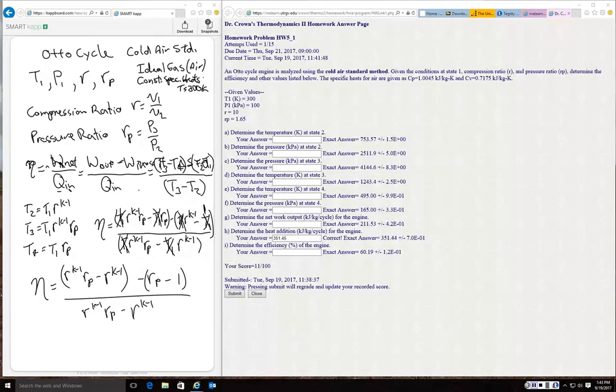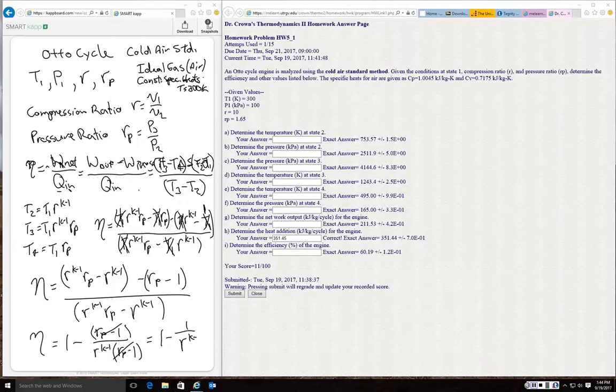And we notice that the first term in the numerator is the same as the denominator, so we can write that as 1 minus RP minus 1 over, and if we factor out r to the k minus 1, we're left with RP minus 1. And then we note that RP minus 1 cancels, and we get 1 minus 1 over r to the k minus 1 as the efficiency.